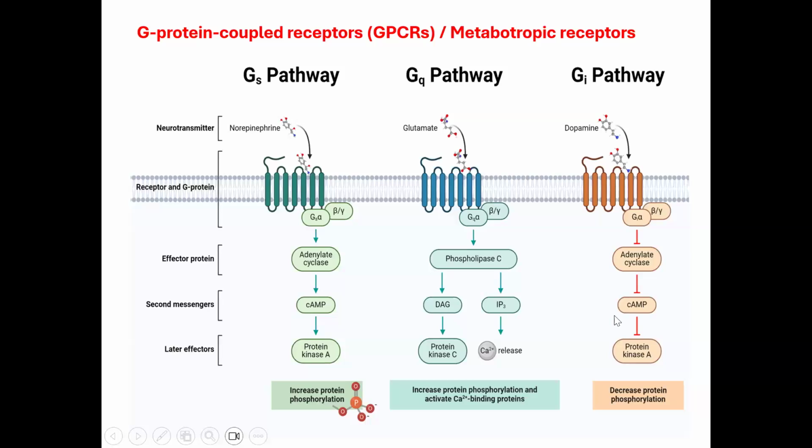Yet on this Gi protein coupled receptor, because we are going to see a decrease in cyclic AMP, we shall see a decrease in protein kinase A, which will eventually lead to a decrease in phosphorylation of protein.